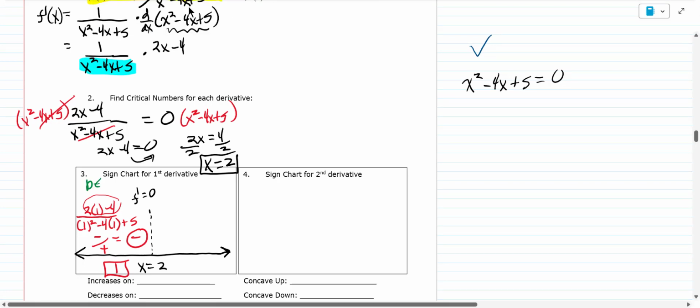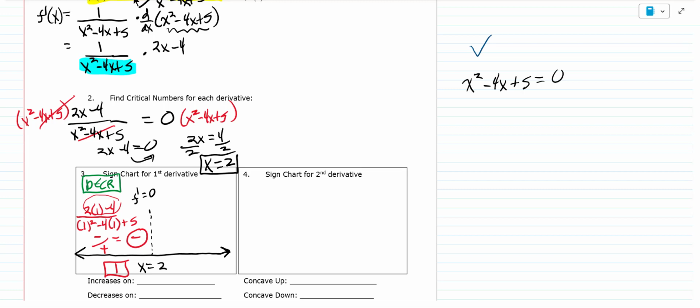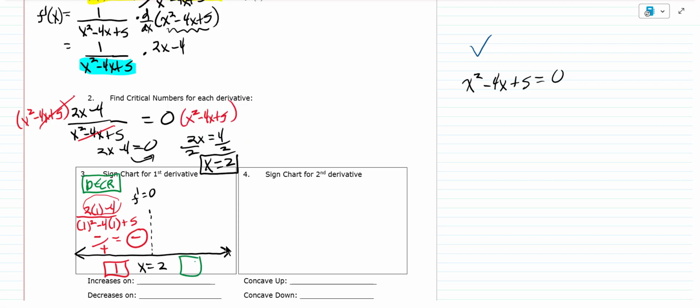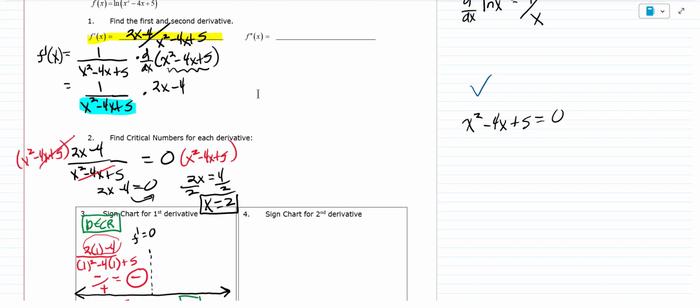So that's the purpose of the first derivative, to analyze the graph where it's increasing and decreasing. Now give me a test point bigger than 2. 3, there you go. Plug it in again to the first derivative, the one in yellow, so that would be 2 times 3 minus 4 over 3 to the second minus 4 times 3 plus 5.